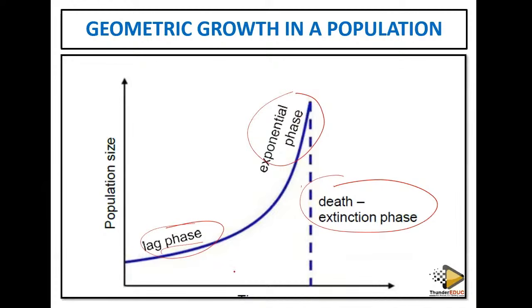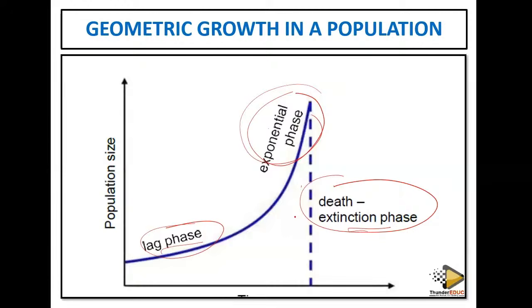In other words, they are still dating. Then here they have got used to each other and they reproduce, meaning that marriage has taken place. And then death has occurred. Maybe there is a shortage of food and space. So now they are dying rapidly and they have become extinct. So this is the geometric growth curve.